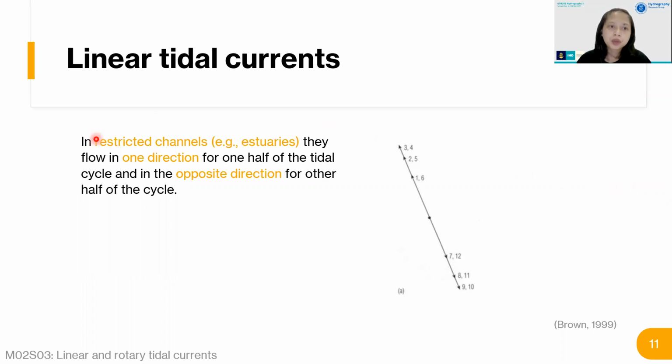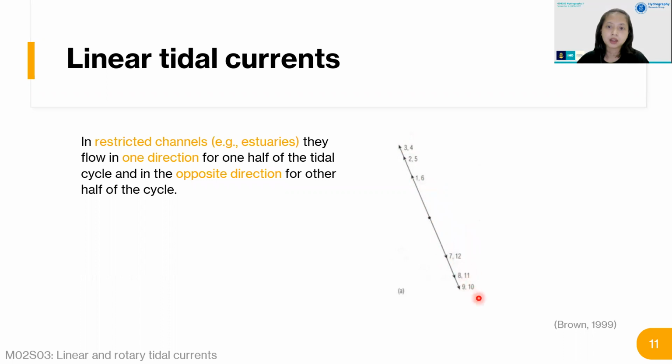Before we talk about this, imagine that this is your observation point, where you plant your instrument. We will talk about instruments later. These are the tidal currents, and these are the hours, sorry, not the speeds.